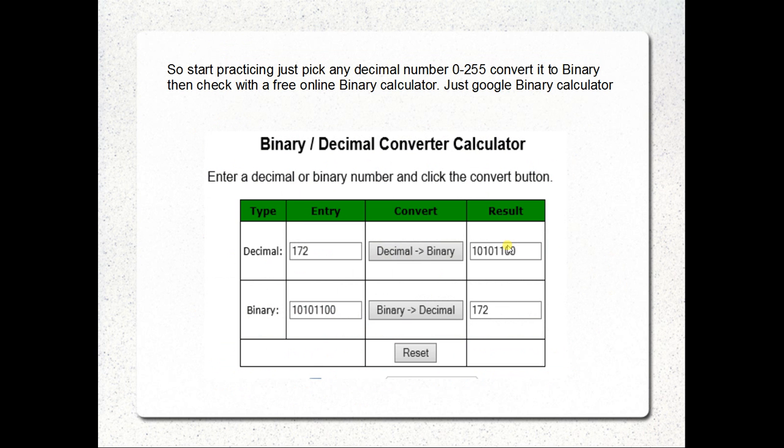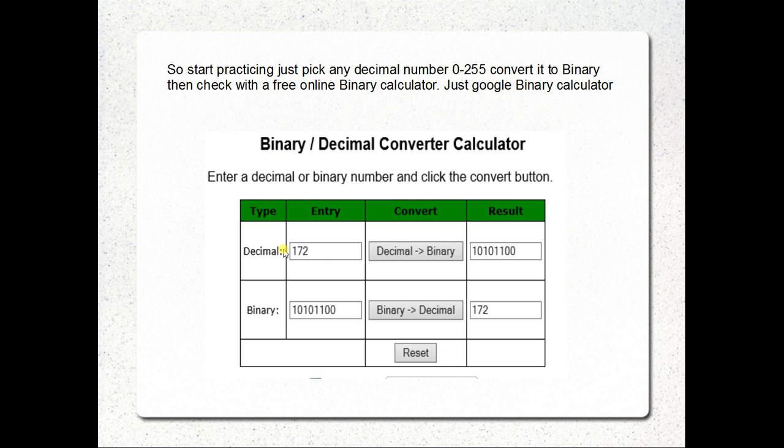So you can just keep doing that process, and you can practice any way you want. Just start picking numbers and practicing. What you can do is download a binary calculator. This will actually do it both ways. There's tons of these. You don't have to get this particular one.